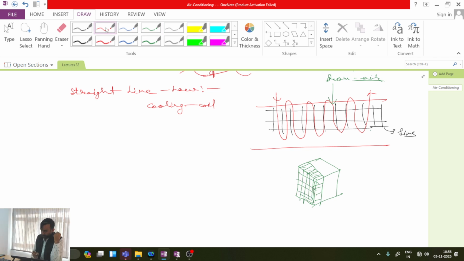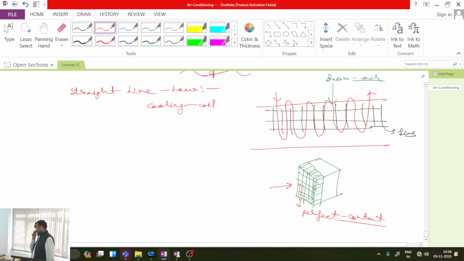When air is entering this duct, let us consider that all the air is having very perfect contact with each and every surface of the fin and the cooling coil. Is this one clear? And the cooling coil temperature is less than the dew point temperature. So if I represent this process on the psychrometric chart, what will happen?